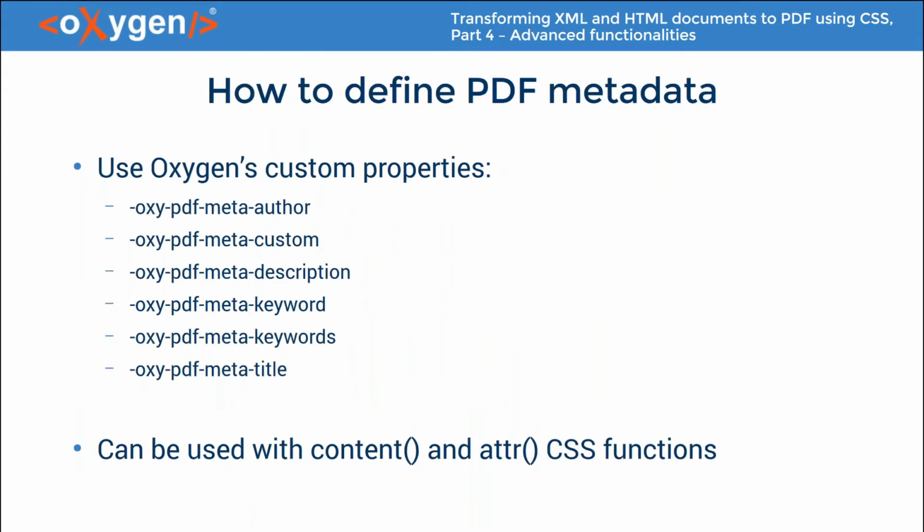So how to define PDF metadata in CSS? You can use the set of Oxygen custom properties, which go from the author to the keywords or the description and the title. Of course, as for the bookmarks, you can combine them without any issues with the content, for example, or the attribute property functions.